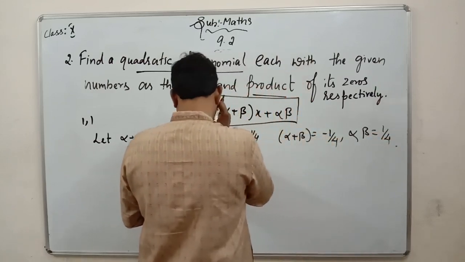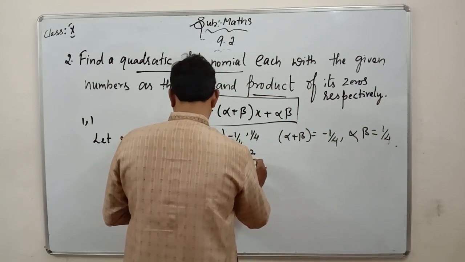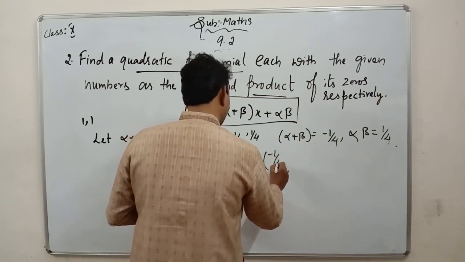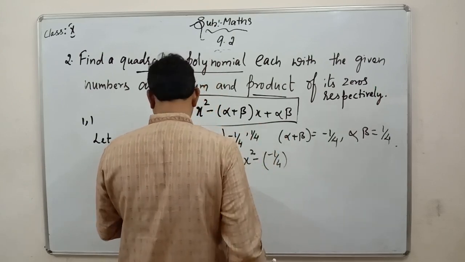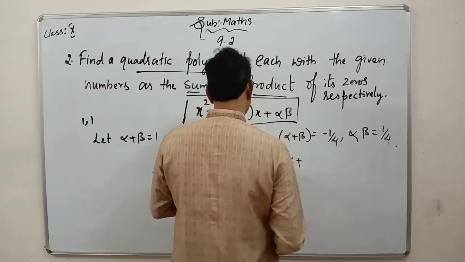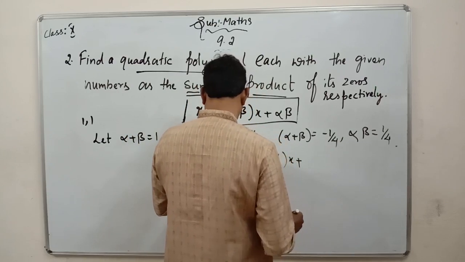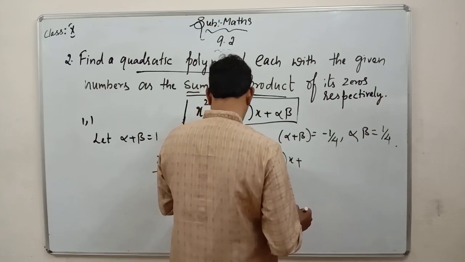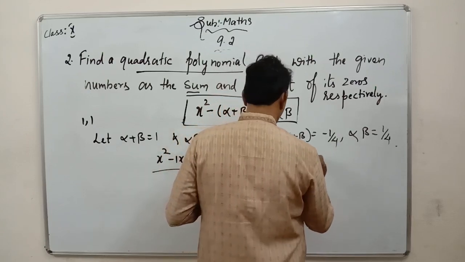Same thing, use the formula, so you will get x square minus of minus 1 by 4 x plus 1 by 4.